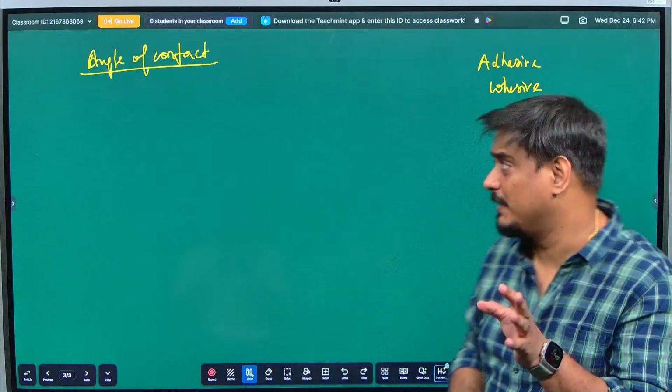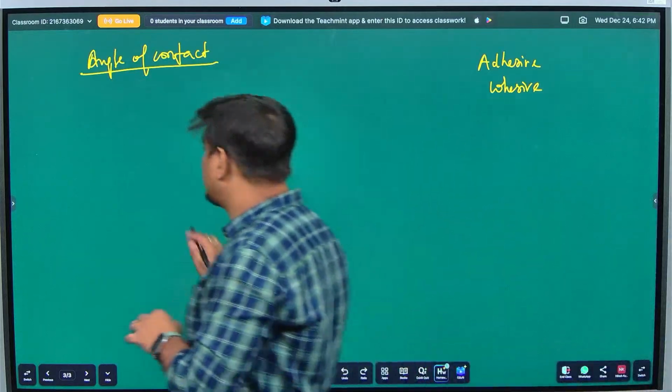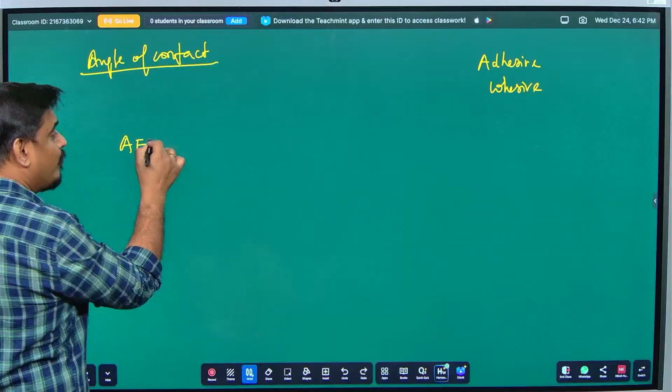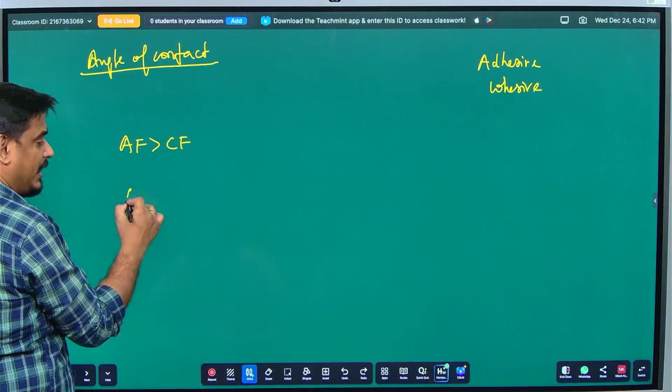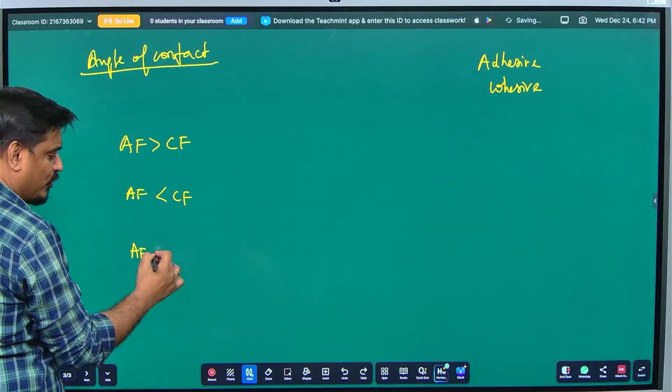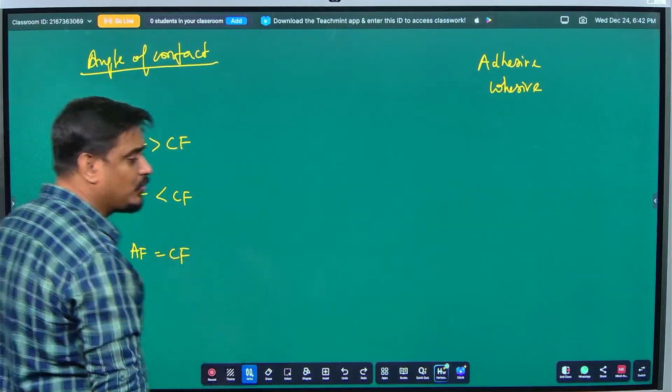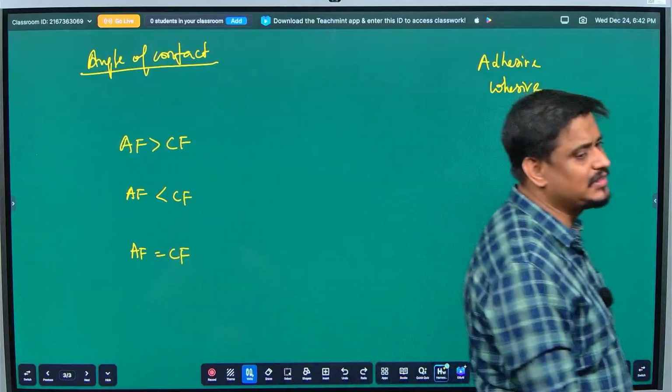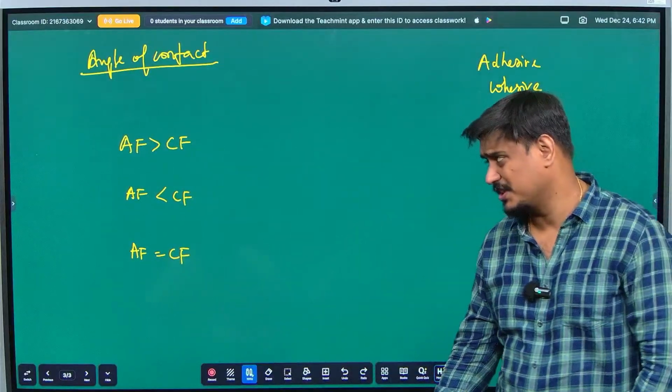So there are three possibilities: adhesive force being more than cohesive force, adhesive force being less than cohesive force, and adhesive force being equal to cohesive force. What are these three conditions? Pay attention here.